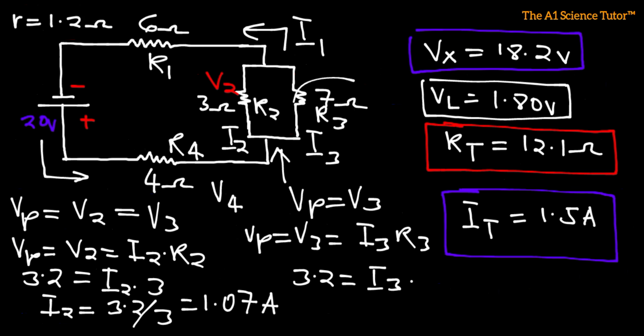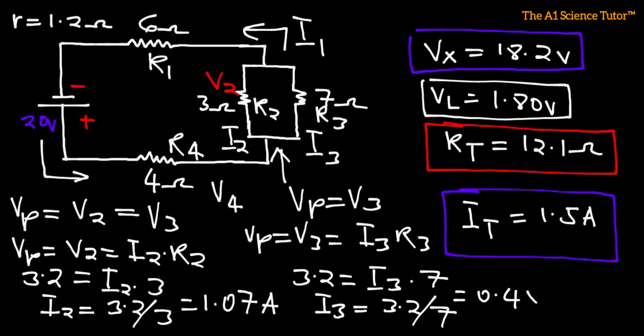R3 is 7 ohm. So let us see what I3 is going to be. I3 is going to be 3.2 divided by 7. So that is 0.457. That is what we have for I3.